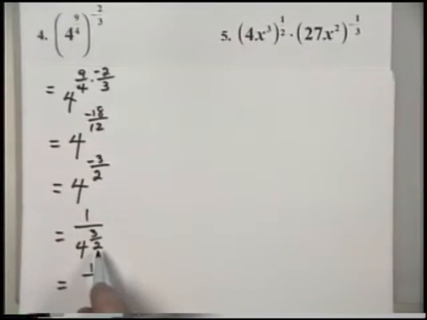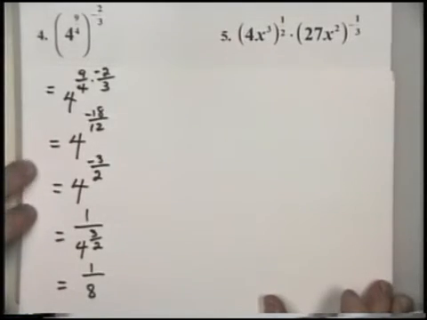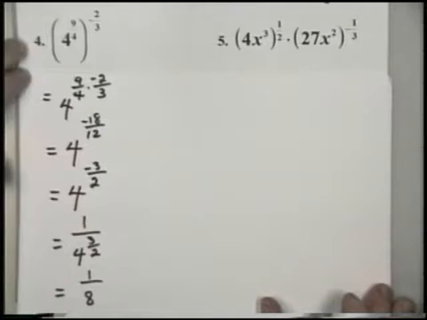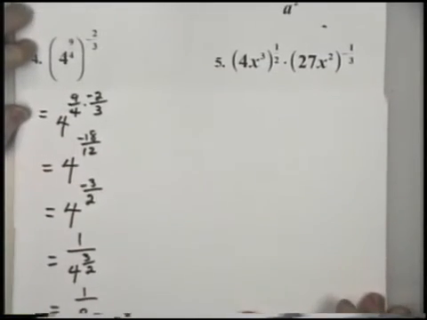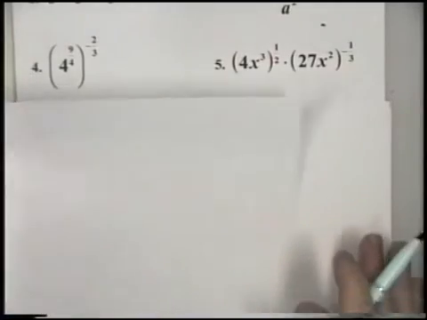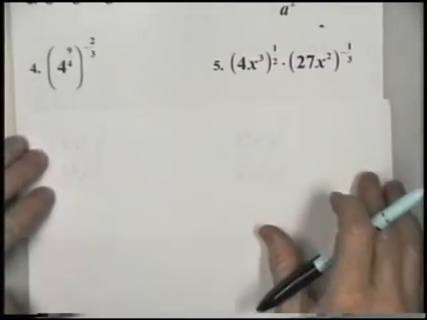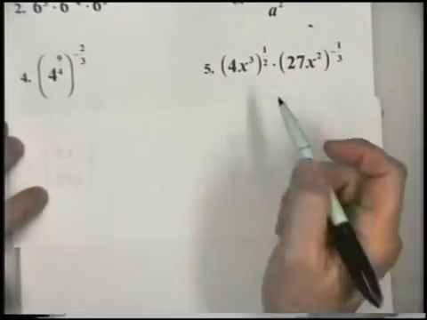I can write this as 1 over the square root of 4 cubed, which is 2 cubed, or 8. So in simplification situations where you can evaluate, you want to do so, but where it's not convenient or really feasible, then you would leave it in those rational exponents. Okay, what about the next one?